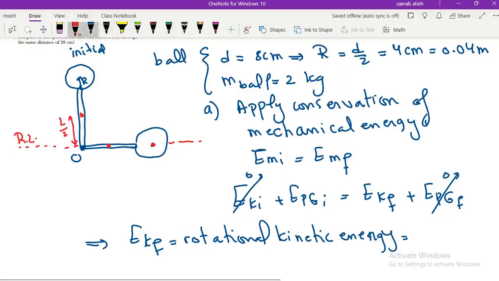So I can say plus the mass of the rod, M rod times G times H, which is L over 2.